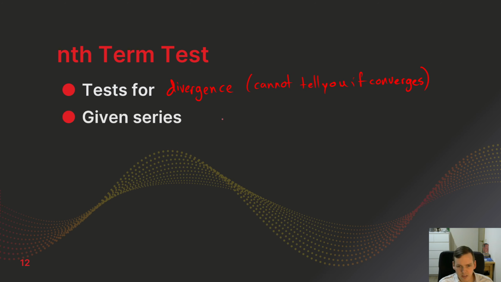So given a series, and these are all for infinite series, n equals 1 to infinity of a sub n. So this is just given the series of terms that are just arbitrary terms. If the limit as n approaches infinity of a sub n does not equal 0, then the series diverges.